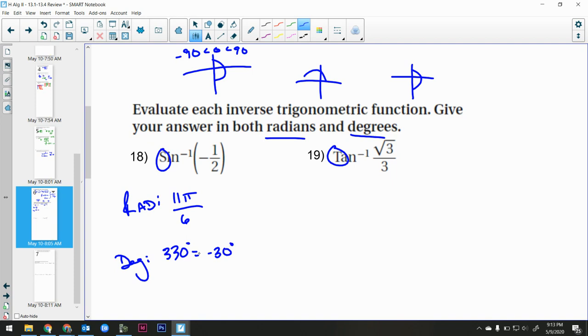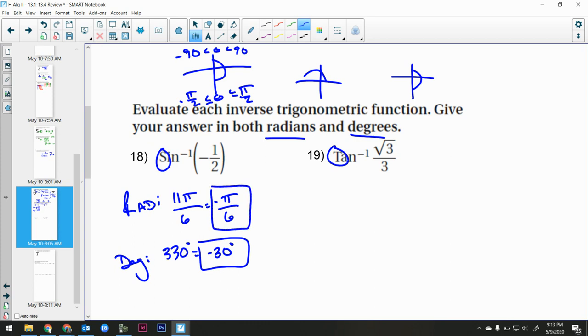That's the coterminal angle that fits within negative 90 to positive 90. And remember, I could also treat it as negative pi over 2 to pi over 2, which means this would be negative pi over 6, I believe. Okay, and that's my answer.